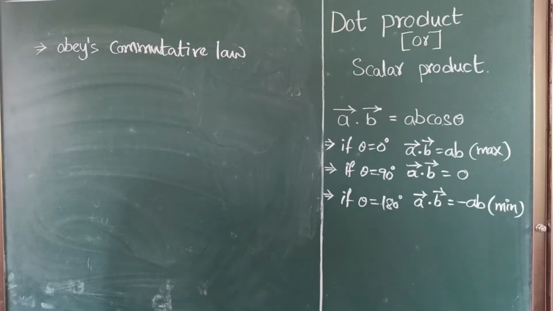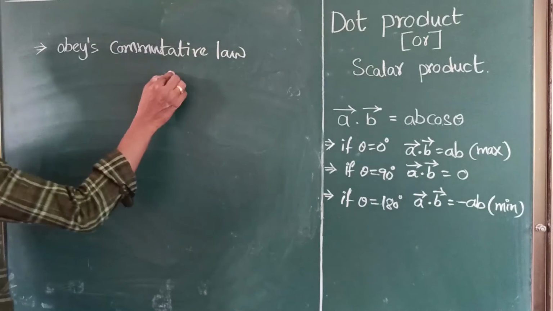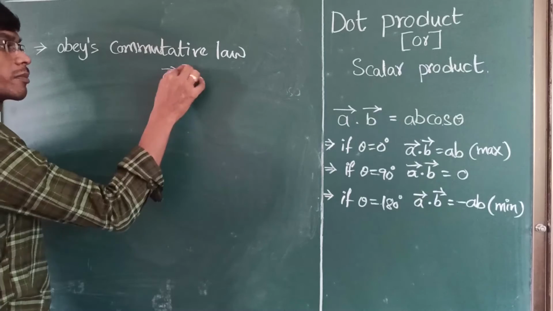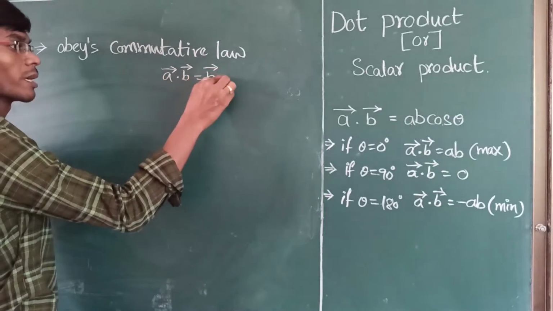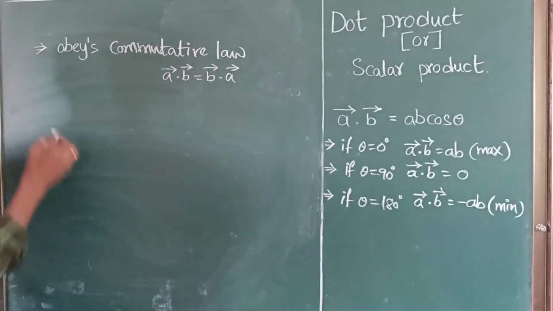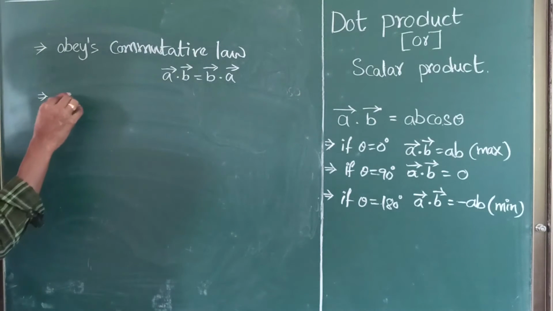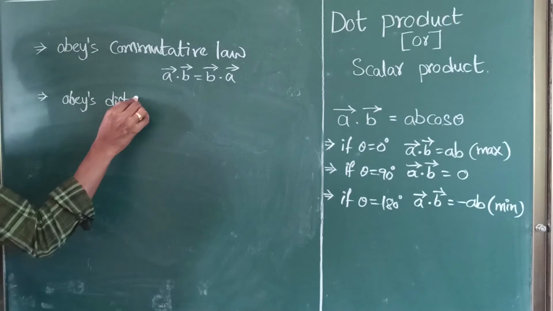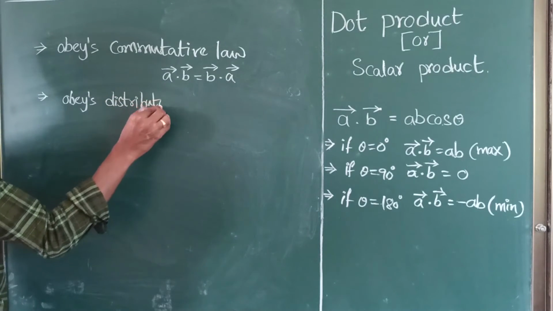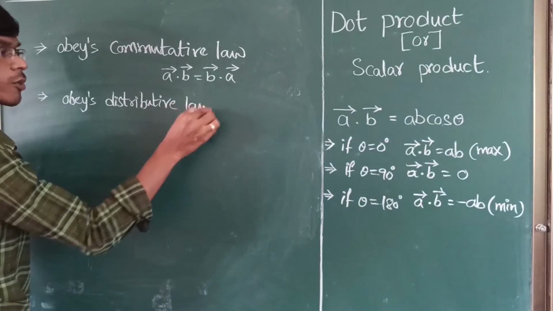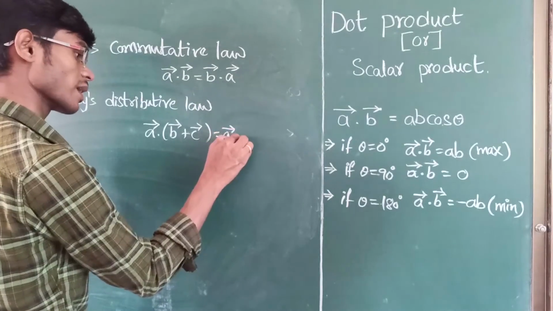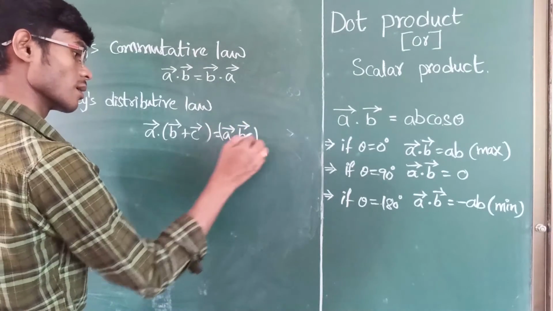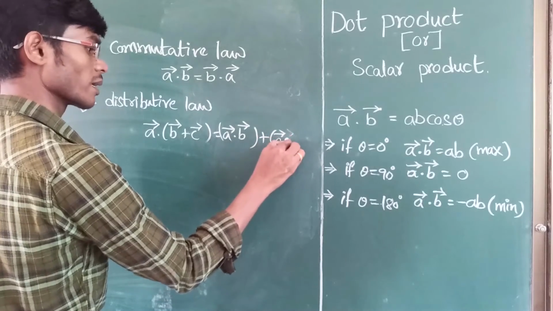The dot product obeys the commutative law, which means A bar dot B bar is equal to B bar dot A bar, and it also obeys the distributive law: A bar dot B bar plus A bar dot C bar.